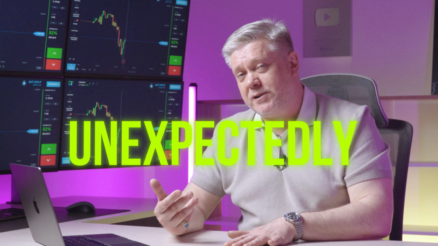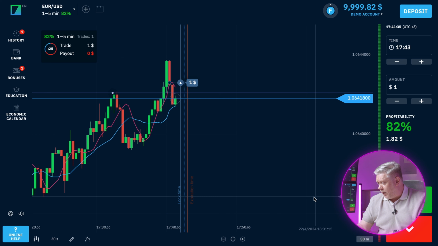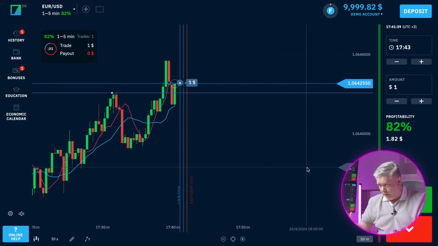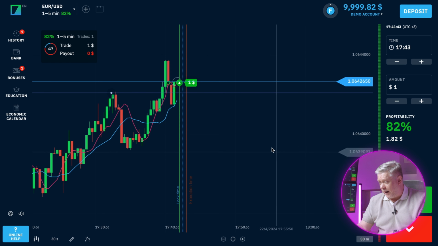And in this case, you can make a deal unexpectedly. It's good if it seems profitable, but obviously you can't do that, as I just happened to do by accident. So I made a purchasing deal, and so far I have a negative floating result.